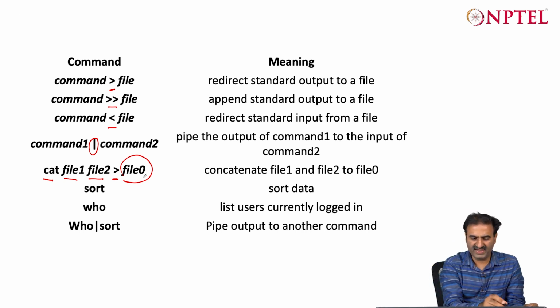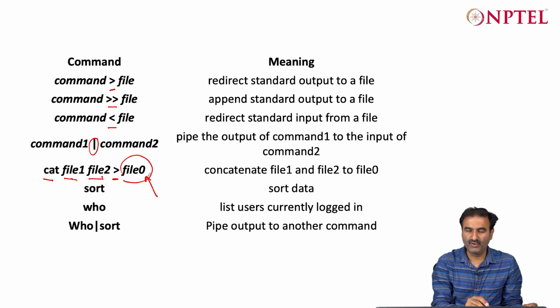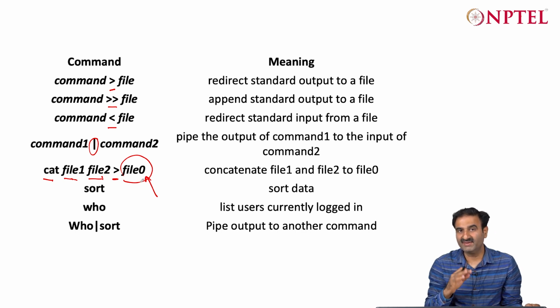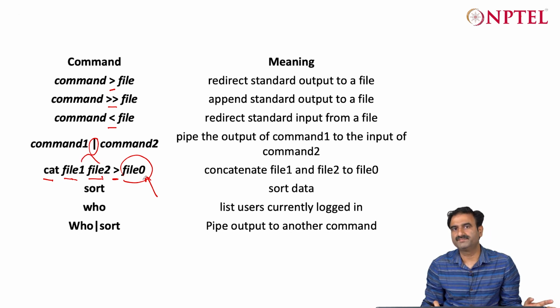This is the file which is there in your directory, and this is the file that you created on runtime. If there is no pre-existing file called file 0, it will be created new. If there is a pre-existing file 0, be careful because the content of that file will be deleted, and a new file with these 2 contents will be created.